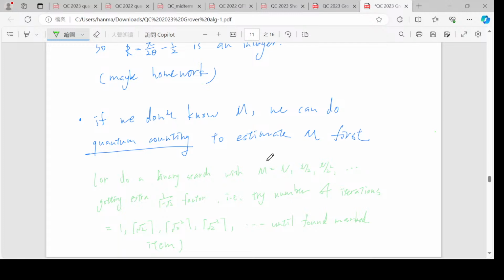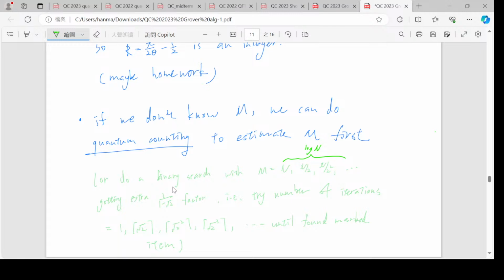So there are about log n turns, but actually you only need an extra 1 over 1 minus square root factor.